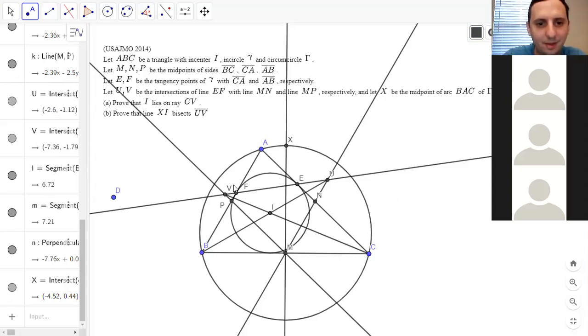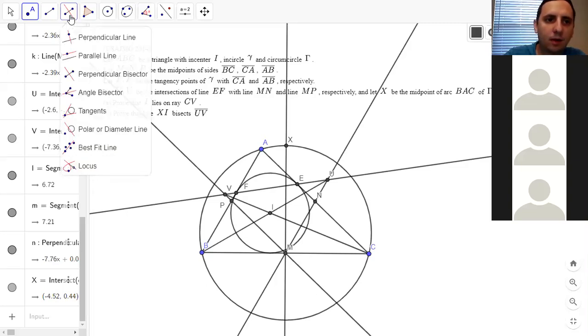Because I don't know if you remember your first video, when you have the altitude from M to EF, and that point lies on line XI. So I have read one proof of that in ALPS. That problem is kind of similar to what we have to prove here, this is a part of that proof, so I know it immediately.